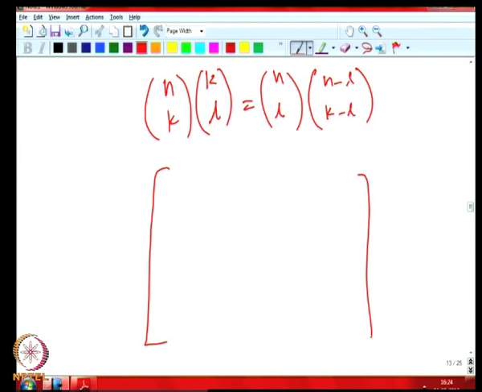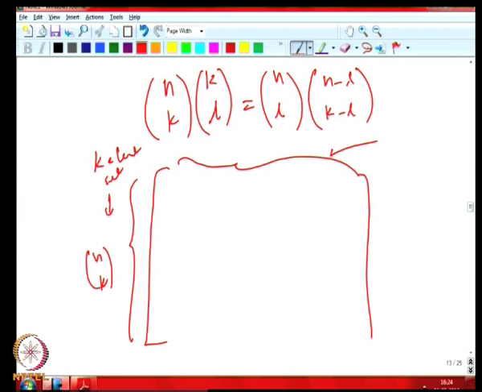Then we list all the k element sets here, namely n choose k of them in total, and similarly along the rows, all the L element sets, n choose L of them. So, in principle we can write like this.